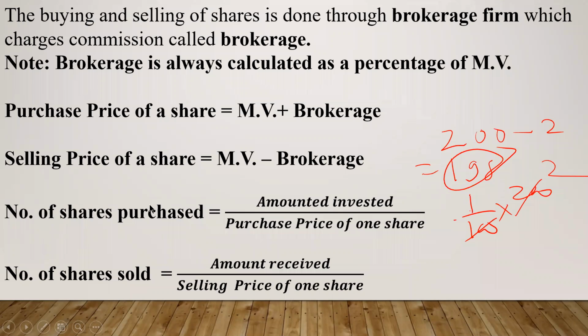Understood? When you are purchasing the shares, you are investing the amount, correct? So amount invested divided by purchase price of a share. When you are selling the shares, the number of shares sold will be amount received, because when you are selling, you are getting the amount, divided by the selling price of a share. So remember these formulas. Okay.